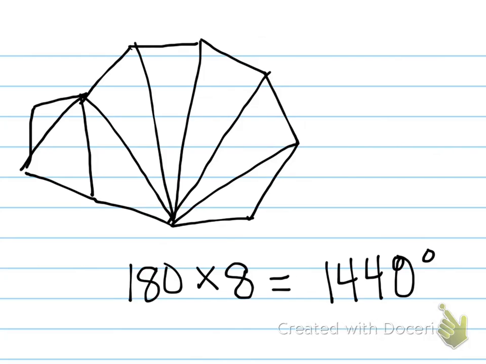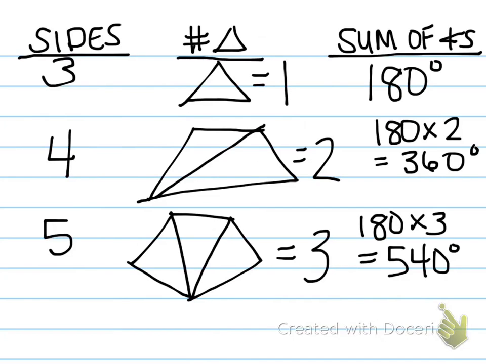Of course not. So, what I want you to do is go back and look at this page. Maybe calculate a couple more, maybe calculate 6 and 7-sided polygons, and see if you can come up with a formula, an expression that would allow us to just plug in information rather than drawing the shape, splitting it into triangles, and multiplying it by 180.